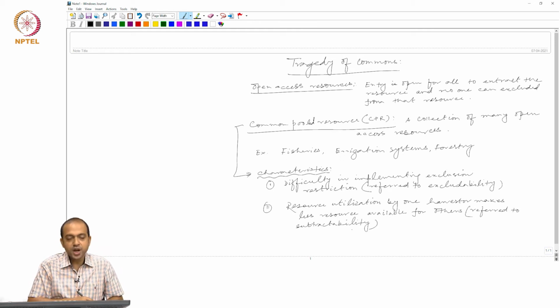Why is it called subtractability? Because if the total amount of resource is, let us say, x, and a particular harvester extracts y amount of resource today, then only x minus y is available for others.